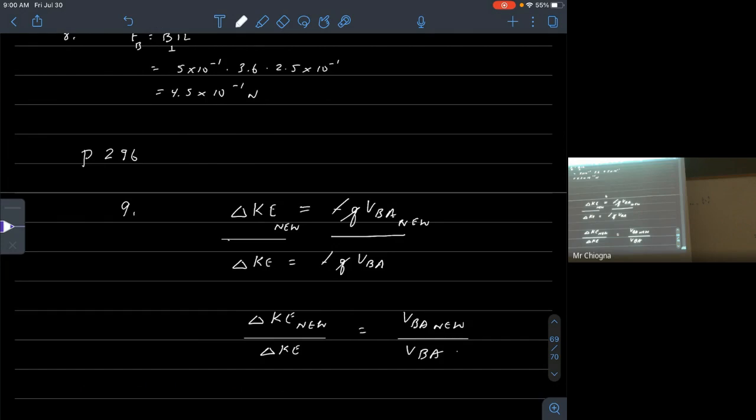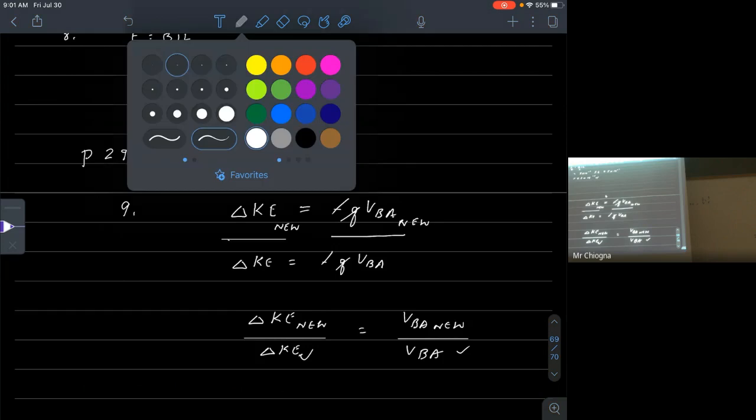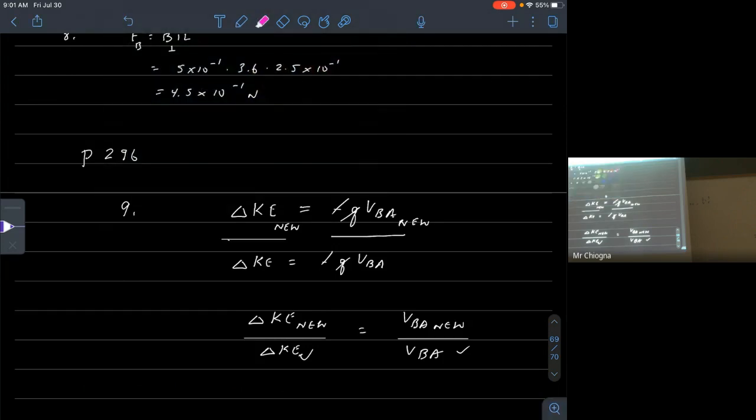So we've got the old, that's the first one mentioned. We also have the old kinetic energy. That's what's mentioned next. The question is, what's the new potential difference, given the new energy? So we've got this as well.